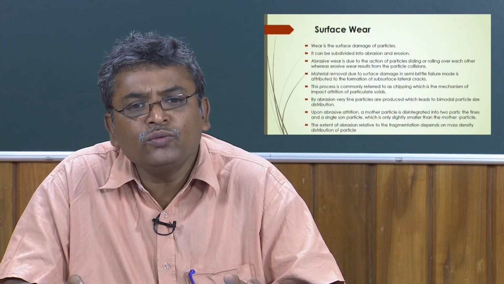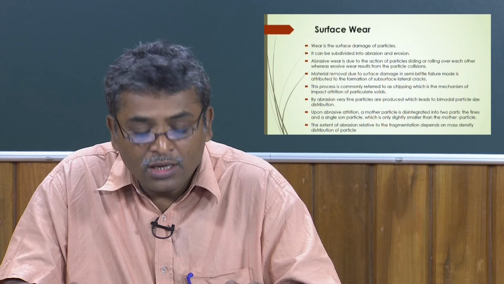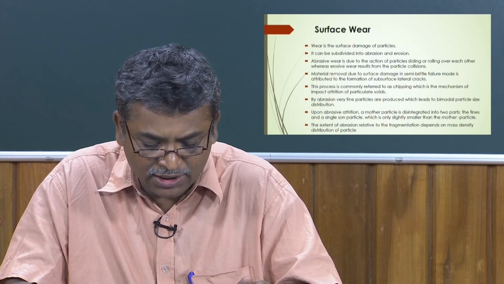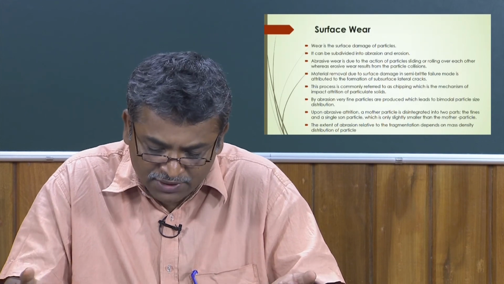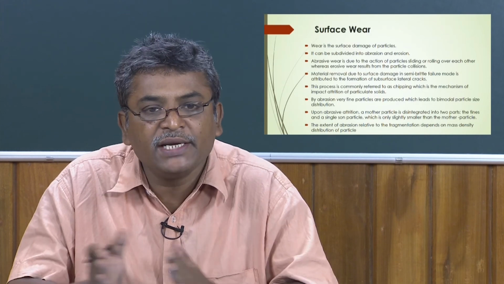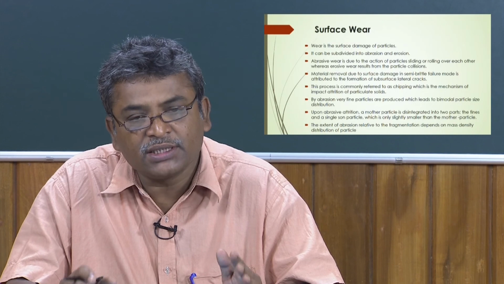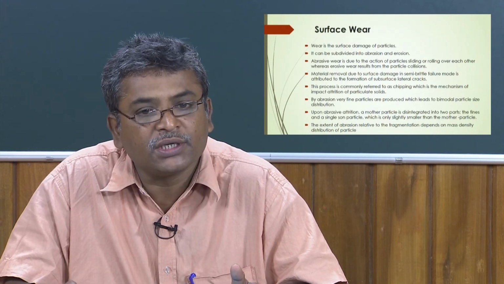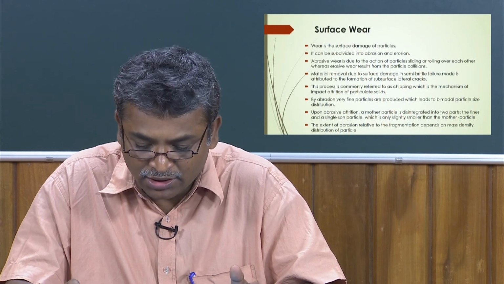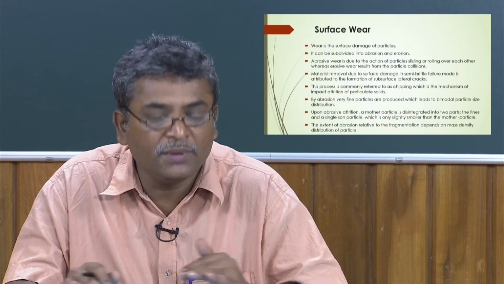So, we have two types of mechanism here: one is fragmentation, and another is surface wear. Surface wear has two types, abrasive wear and erosive wear. Abrasive wear results from the action of particles sliding or rolling over each other, and erosive wear results from particle collision. Even fragmentation is formed by particle collision, but there the size distribution will be different.